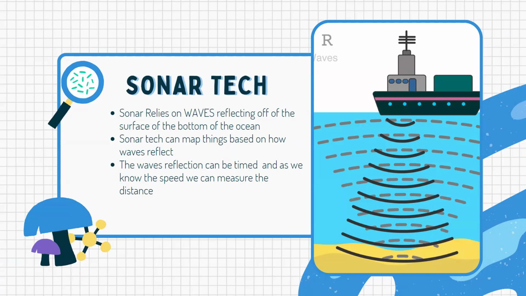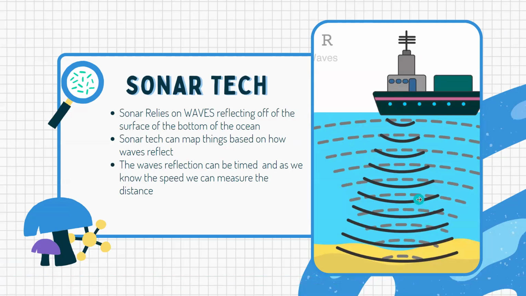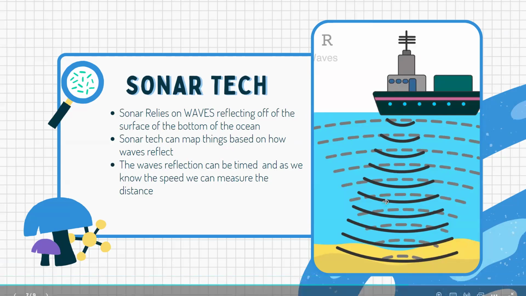And if it's rough, it can help us map just the shape based on the reflection and the calculations too. The wave's reflection can be timed, as we know the speed of the wave, and we can measure the distance using the time and the speed. I think that's a pretty interesting thing about sonar, is that we can measure a lot of things, locate things, map things in the ocean and in other places as well. In the air, we use radar, which works the same way.